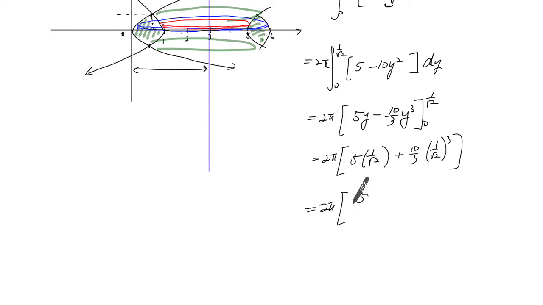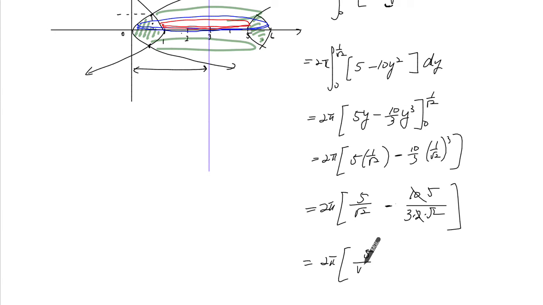So this is 5 over root 2, 10 over 3, we're going to get 2 root 2. So how did this minus turn into plus? It should be minus, right? Okay, minus.